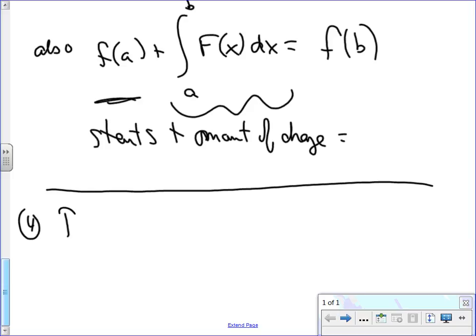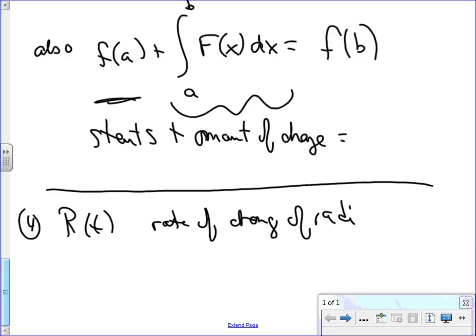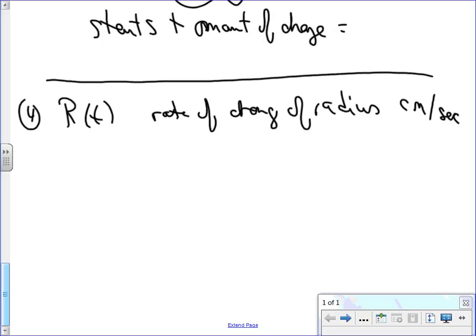All right, some radius somewhere in the universe is changing according to a function R of t. Rate of change R of t.